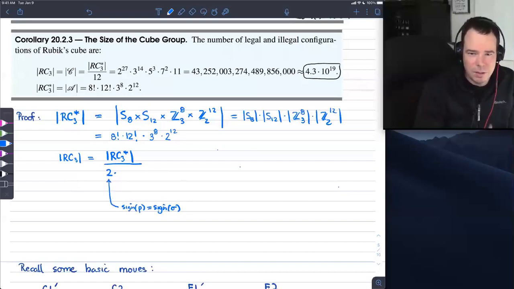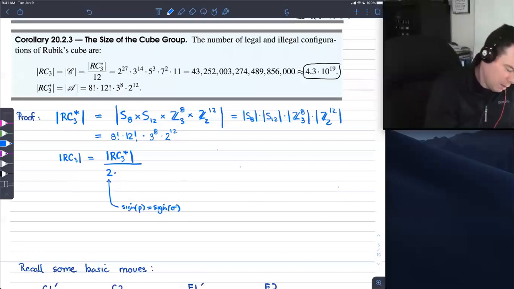My orientation vector is completely determined by 7 of the values. So I have to divide by 3 because the orientation of 7 corners determines the 8th corner's orientation.